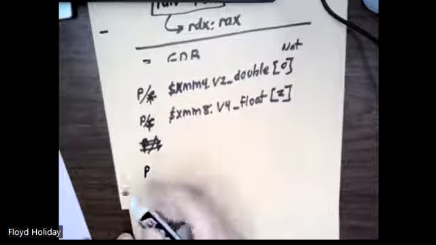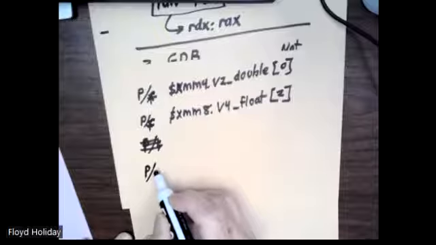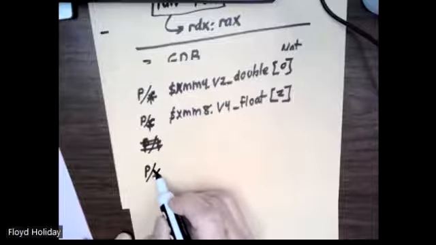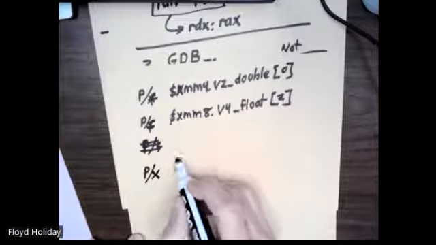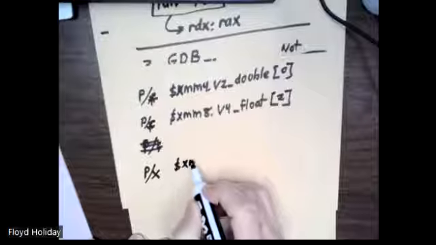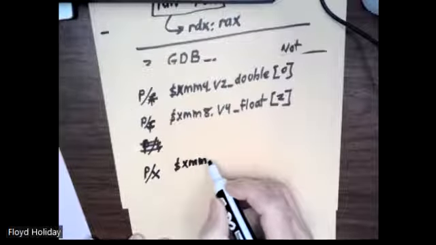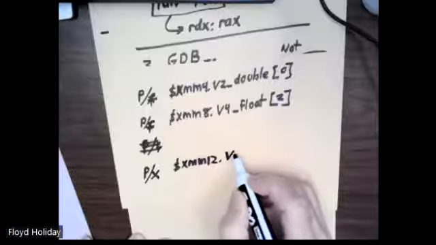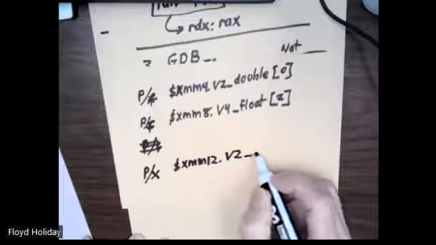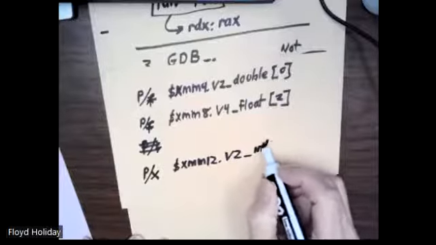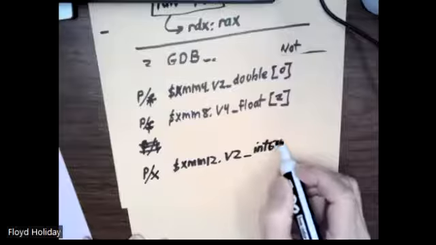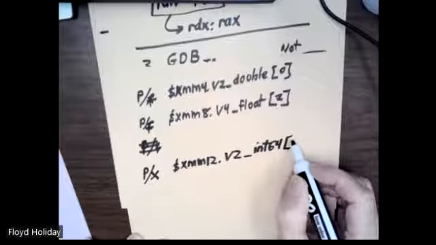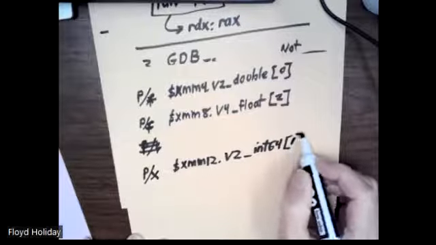Here's why I caught that mistake earlier. P/X $xmm12.v2_int64[1]. Okay.